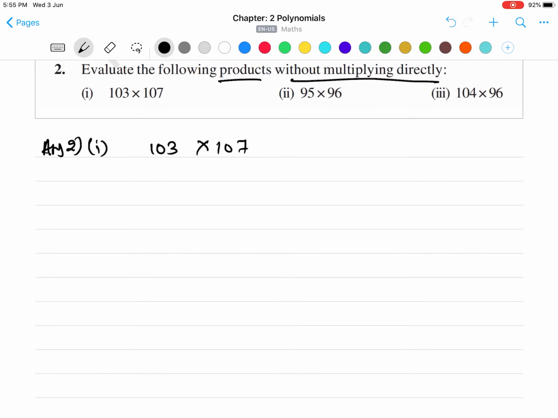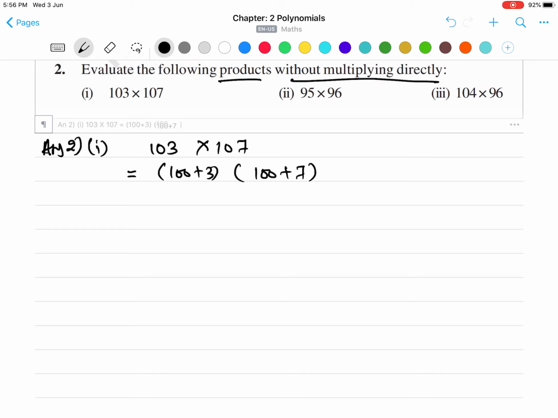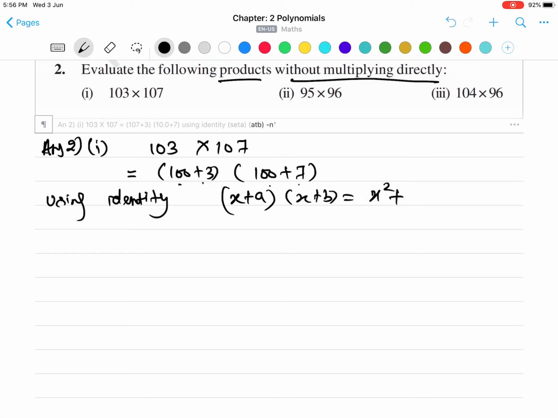So we can write this 103 into 107 as (100 + 3)(100 + 7). 100 plus 3 is again 103 and 100 plus 7 is again 107. Now you can see this is in the form of (x + a)(x + b). So you can write using identity, we'll use (x + a)(x + b) = x² + (a + b)x + ab.